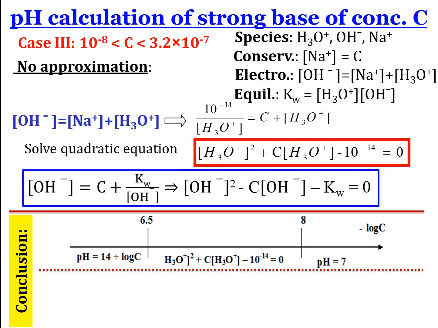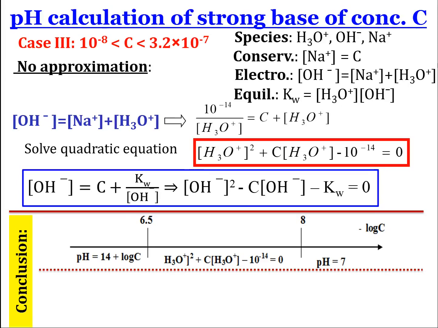If minus log C is less or equal to 6.5, in other words, if the concentration of the base is greater or equal to 3.2 10 minus 7, we apply the relation pH equals 14 plus log C. If minus log C is greater than 8, in other words, if C is less or equal to 10 minus 8, the pH is equal to 7.